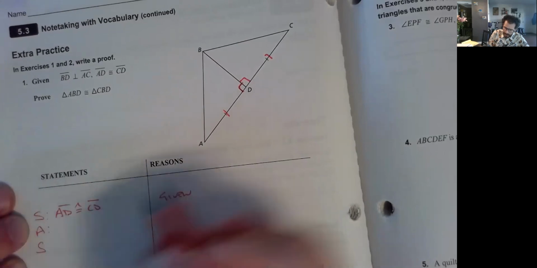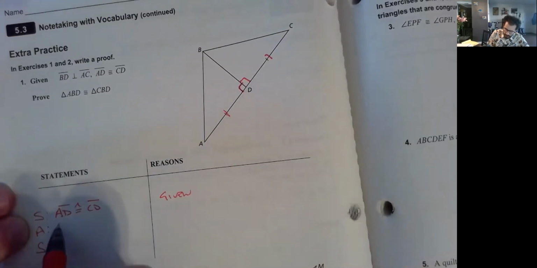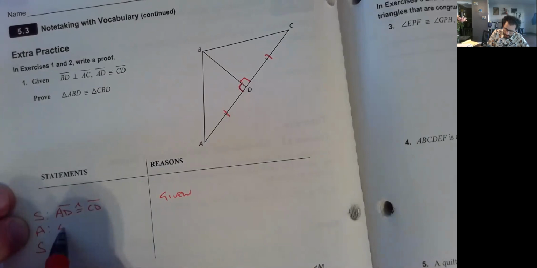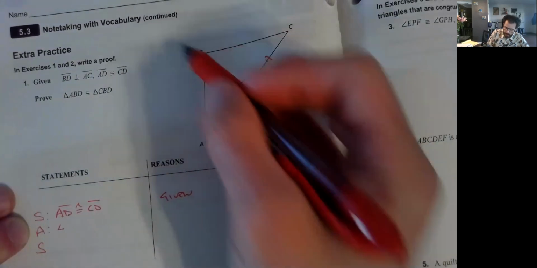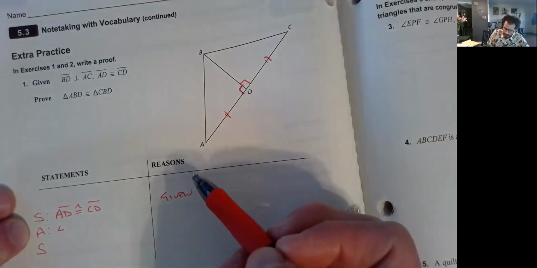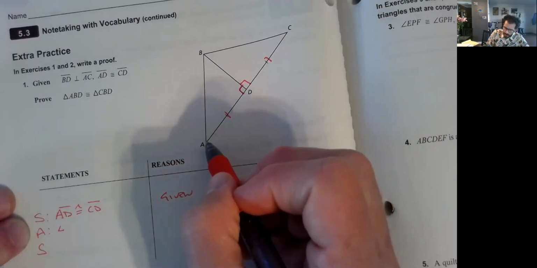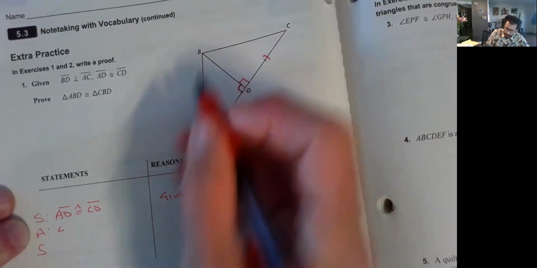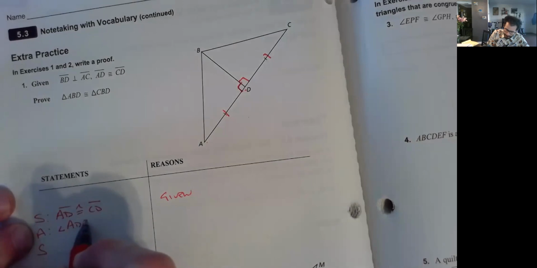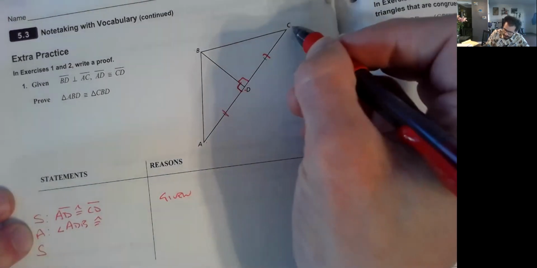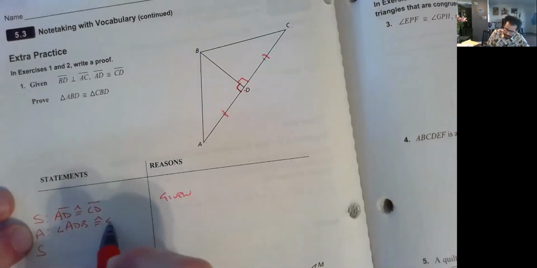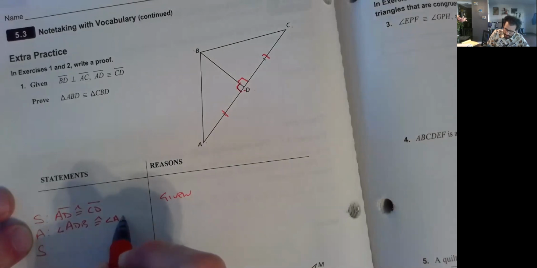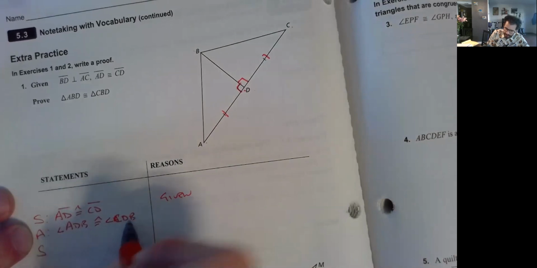We know that this angle, well, BD is perpendicular to AC. So now we know that angle ADB is congruent to CDB. There's a lot of reasons. CDB.